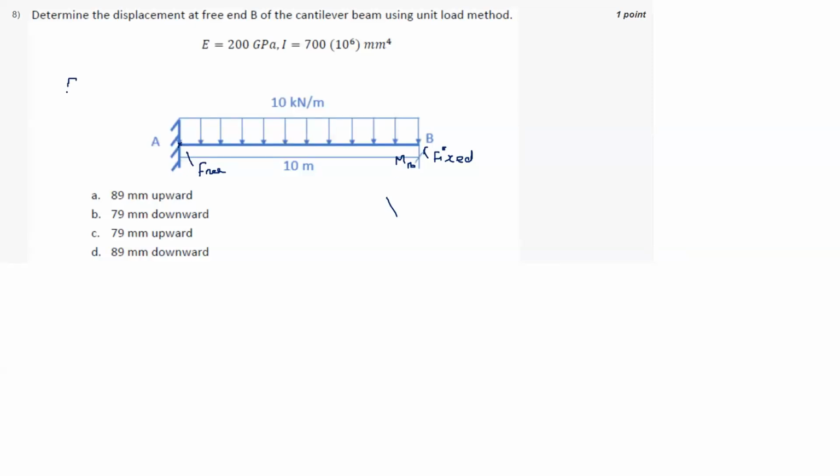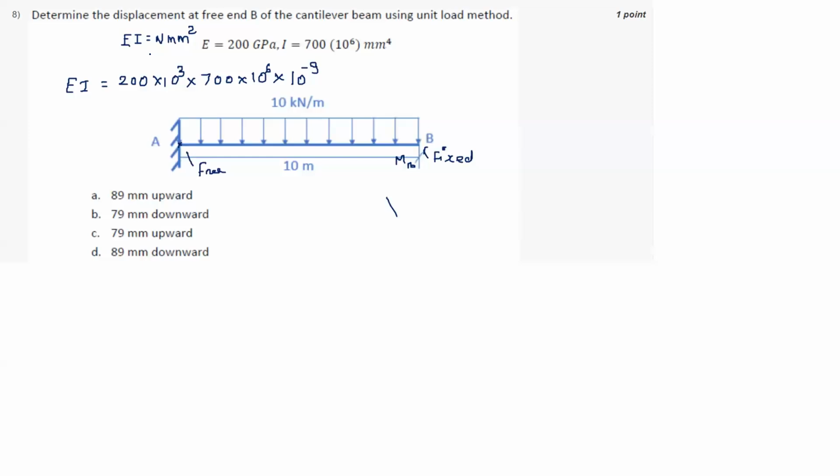Now EI is given as 200 into 10 raised to 3 into 700 into 10 raised to 6. If we multiply these two, we get the unit of EI as Newton millimeter square.